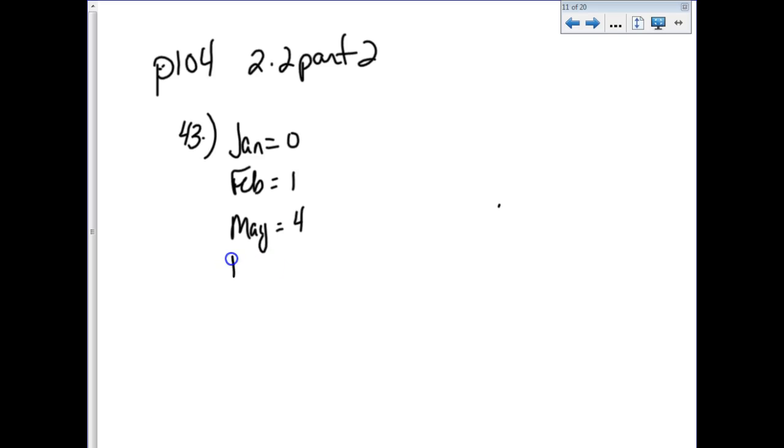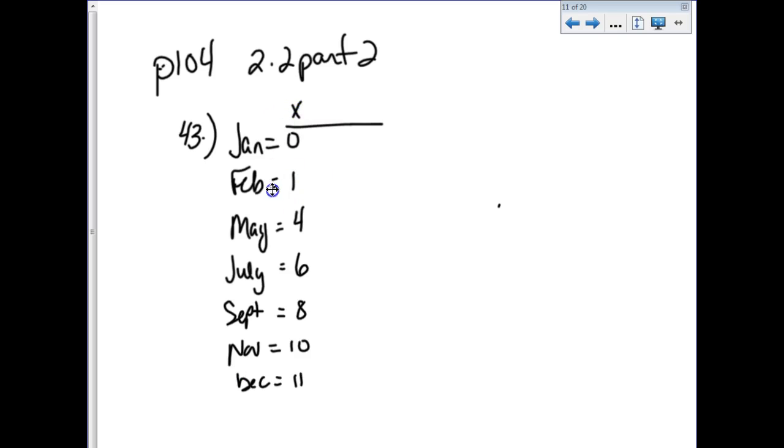The next data point is July, so you will call that 6. And then they go August, September. They skip October, right? So you'll get to September, you'll call that 8. And then you'll skip down to November, you'll call that 10. And December is 11. So those are all the X's. I didn't write all of them down, but you get what you're doing there for the X's.